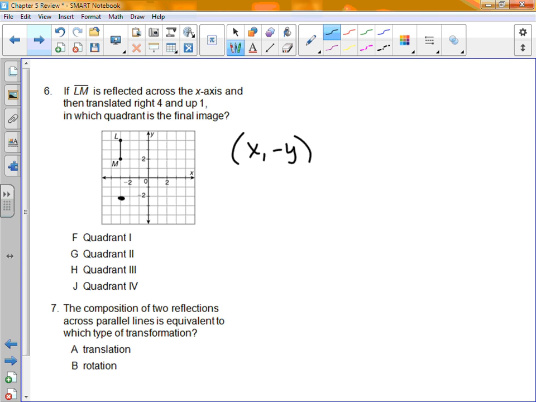Ooh, wow, that's pretty cool. So the first thing is LM is reflected here. Here's M, here's L. Then it says, then translated right 4 and up 1, in which quadrant? So if I went right 4, 1, 2, 3, 4, and up 1, here's my final image. There's my final image right there.